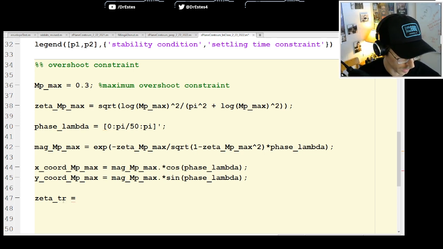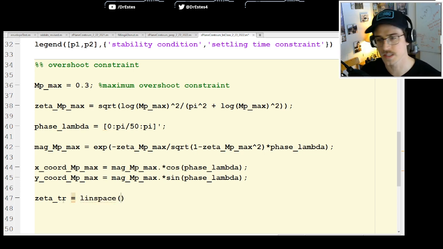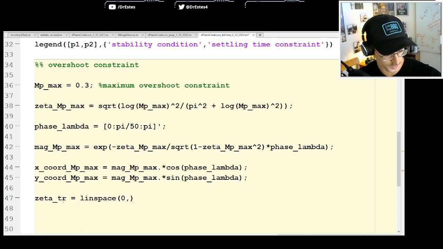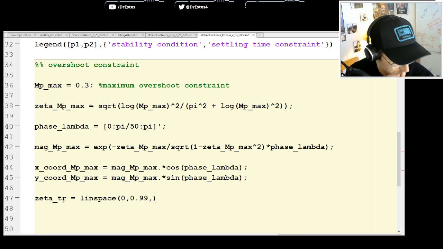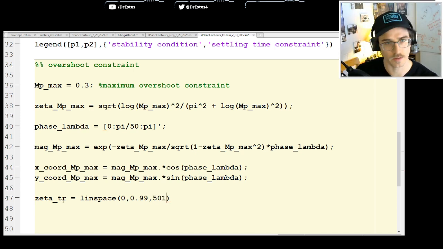And I'm going to make it a vector, so we can use linspace, which generates evenly distributed points between two limits. I'm going to go from 0 up to 0.99. I'm actually not going to go up to 1, because that could generate an error. Technically, when the damping ratio is 1, you're no longer underdamped, and that'll mess with some of the math. So we're going to go up to 0.99.